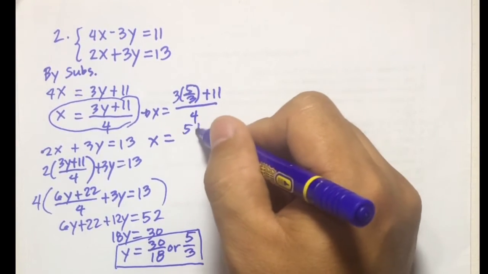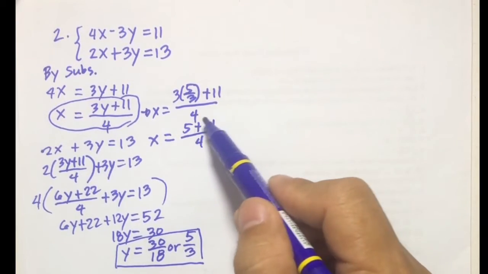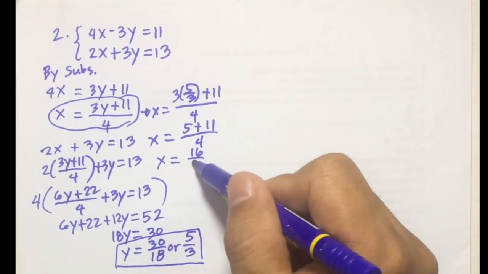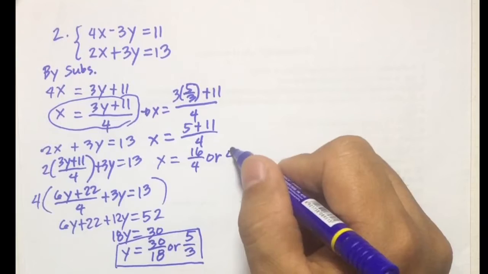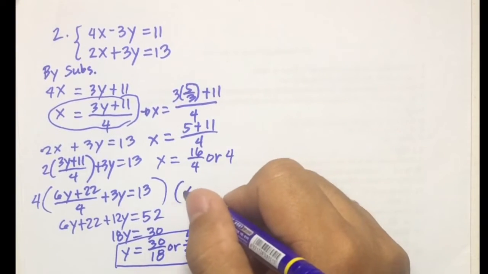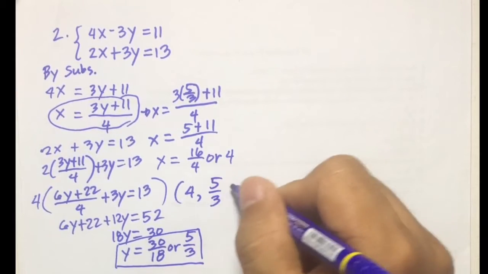So 5 plus 11 over 4. So 5 plus 11 is 16. So we're going to have x equals 16 over 4. That will be equal to 4. So our solution here will be the point 4, then 5 over 3.